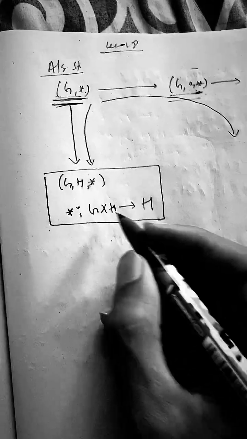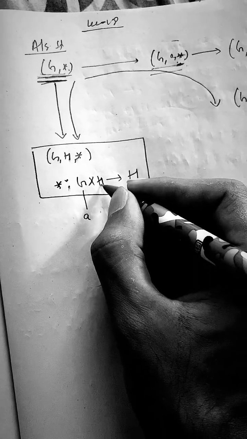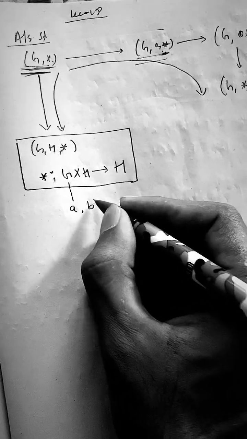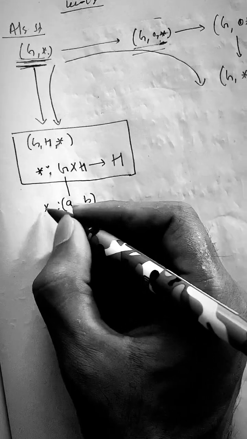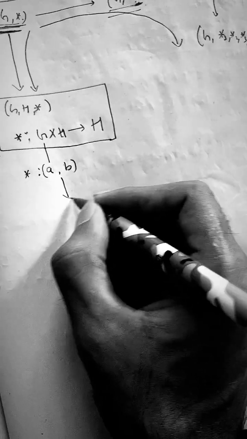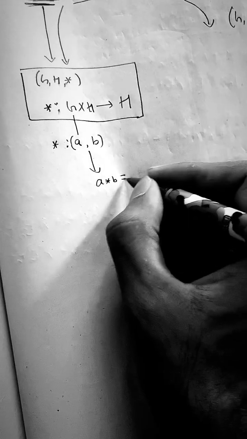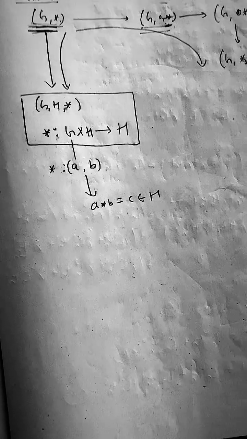Well, it's taking an element from G, let's say A, and it's taking an element from H, let's say B, and it's making an ordered pair, and then this star is going to act on the ordered pair. How will it act? It will act A star B, and it is going to produce another element C, and that element will be in H.